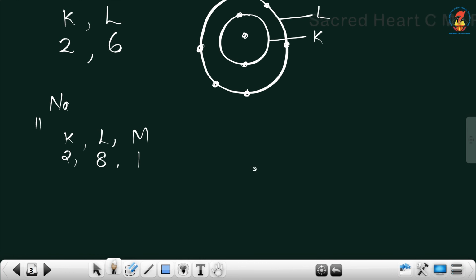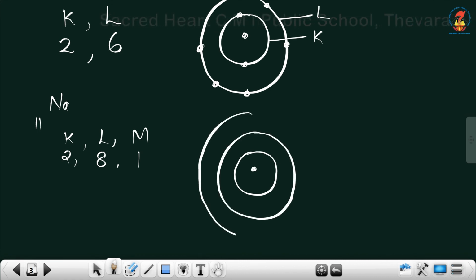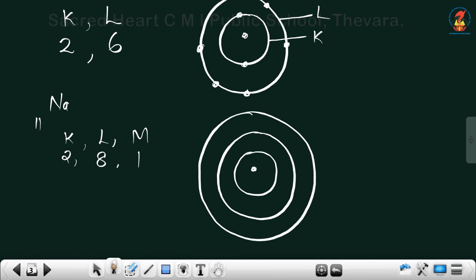So, again if you are drawing the structure of the atom, initially we draw the nucleus, then the K shell and L shell, and one more shell we have to draw, that is the M shell. In all the shells we can show the electrons. This is the L shell and this one is the K shell.